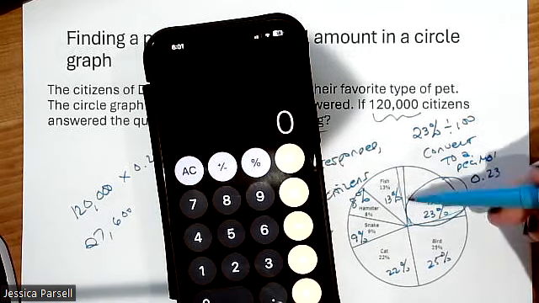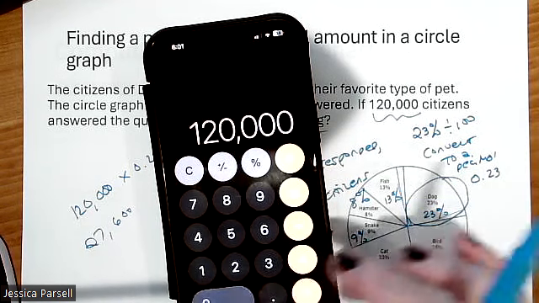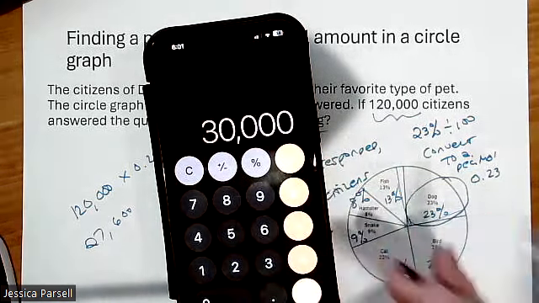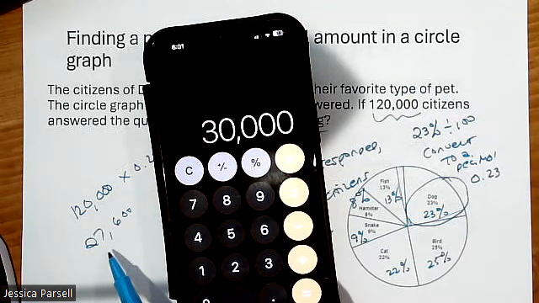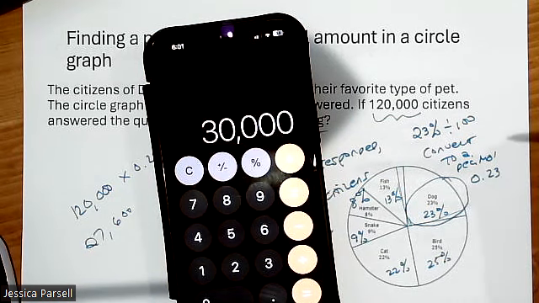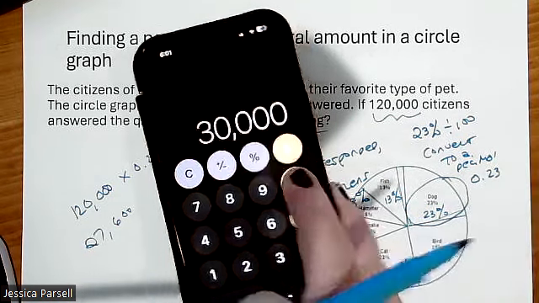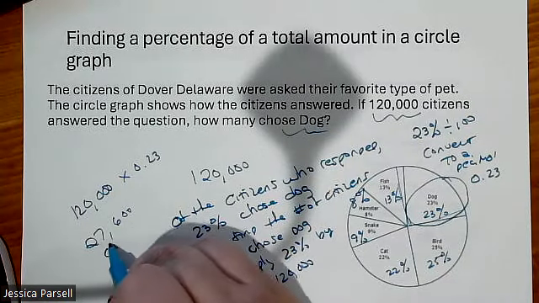If 23% is almost 25% or a quarter, and you divide 120,000 people into 4 quarters, you're looking at 30,000 people. We're a little under 30,000 because 23% is less than 25%. So 27,600 people, 600 citizens chose dog.